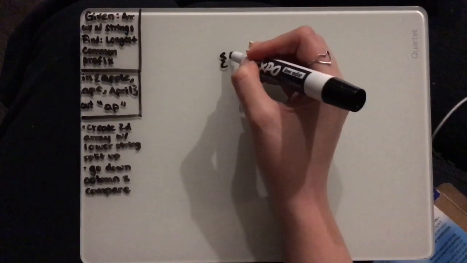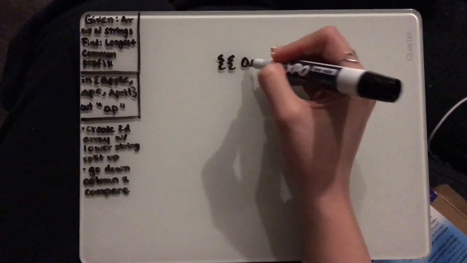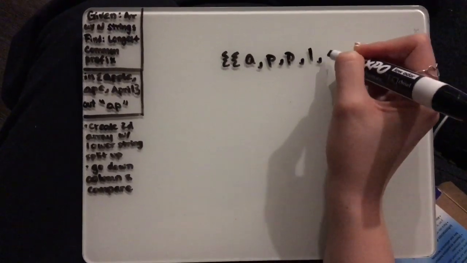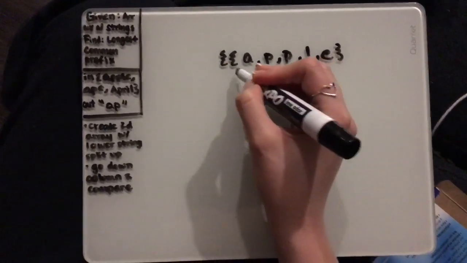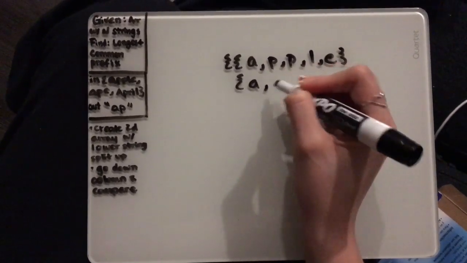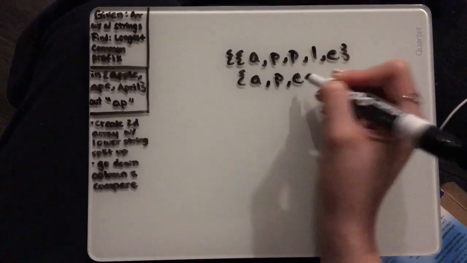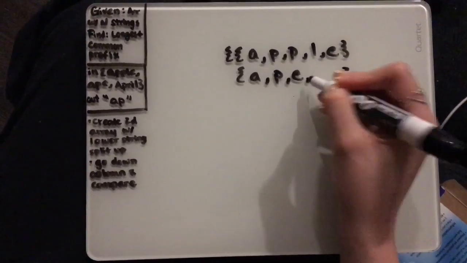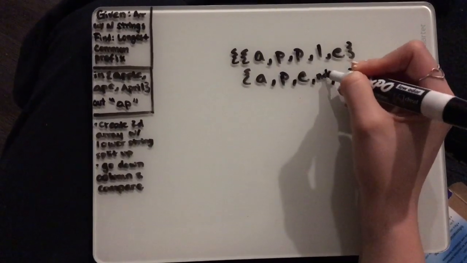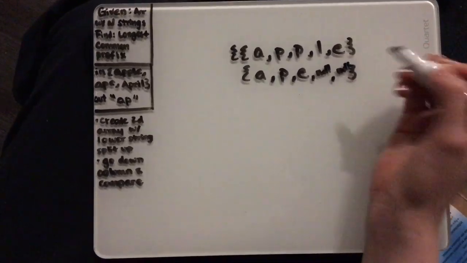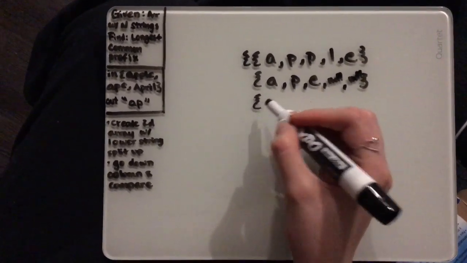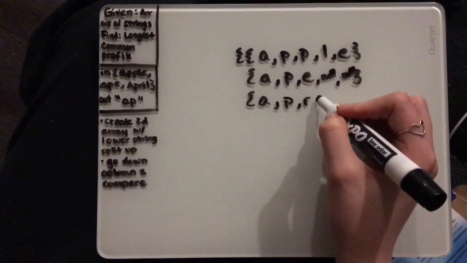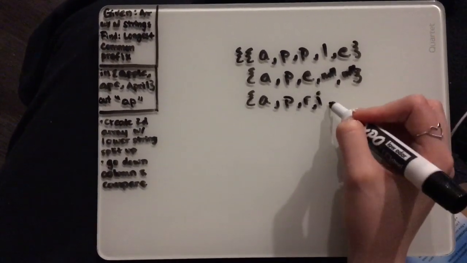We would create A, P, P, L, E, then A, P, E, then these would be null, null, and A, P, R, I, L.